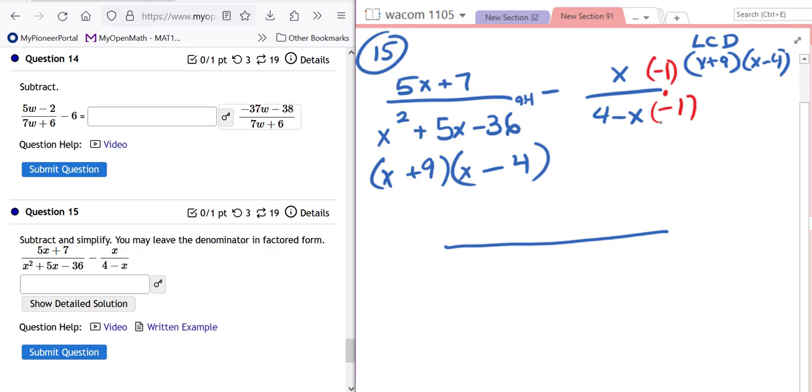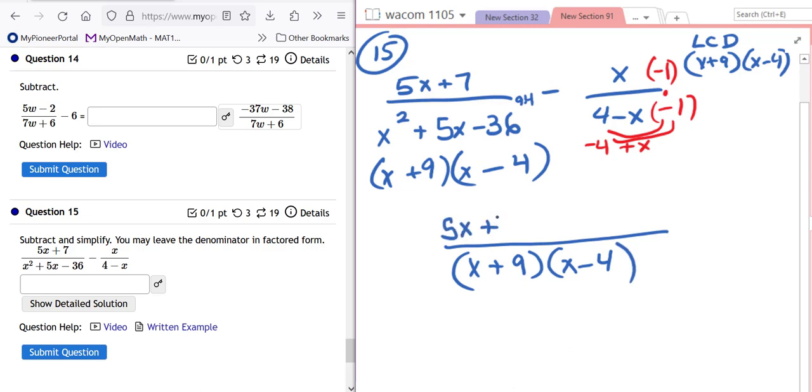All right, and so when you distribute this one, it gives you negative 4 plus x, which you're allowed to change the order, x minus 4. So that is going to give you the x minus 4. So we can go ahead and keep that common denominator, and we'll combine on the numerators. This one, we'll just bring it down.